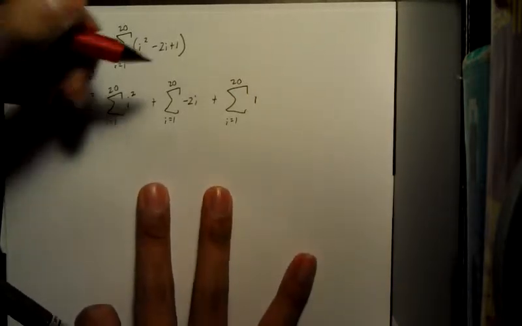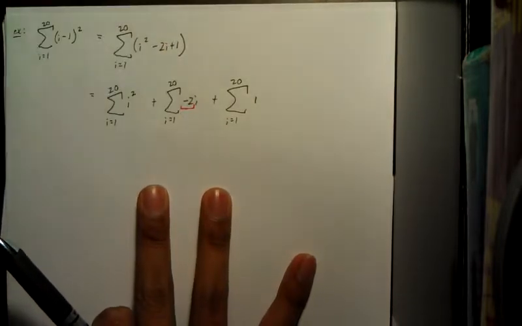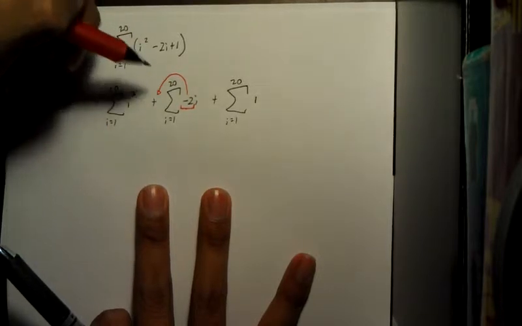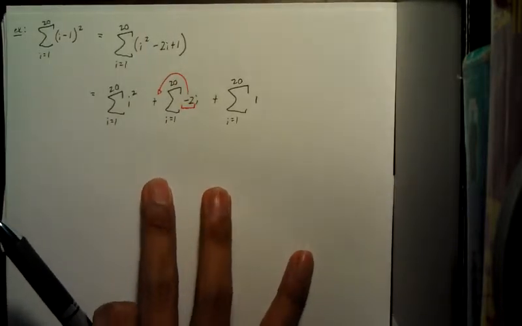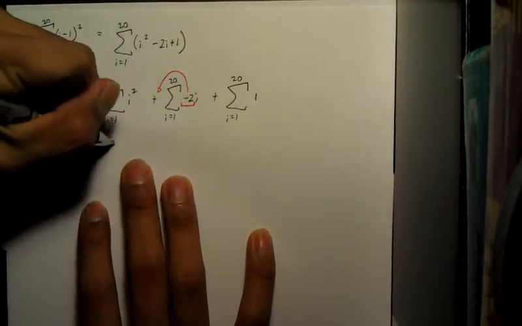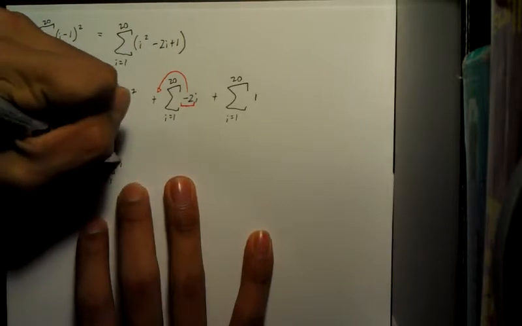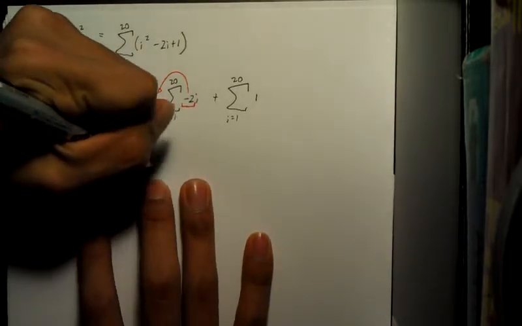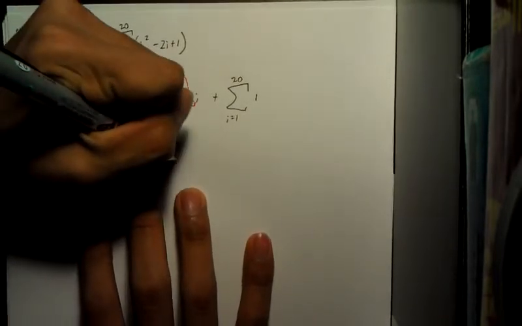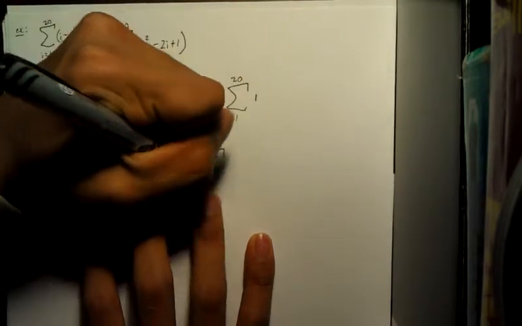What I'm actually going to do now is, just because this is a constant, I'm going to pull this negative 2 out in front so that I only have to deal with the i right there. So that gives us the sum from i equals 1 to 20 of i squared minus 2 times the sum of i plus, and then this is just going to be the same.